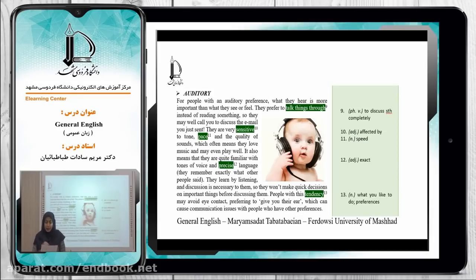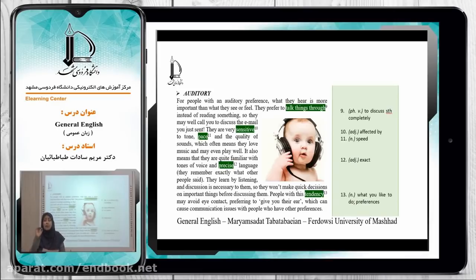It says, it also means that they are quite familiar with tones of voice and precise language. They remember exactly what other people said. What is precise? Yes, it means exact. دقيق. So, they just get a lot of information with the tone of voice. They understand different tones of voices very well.